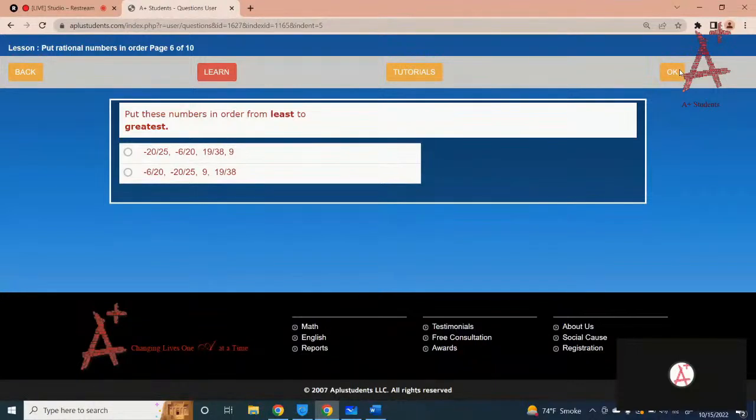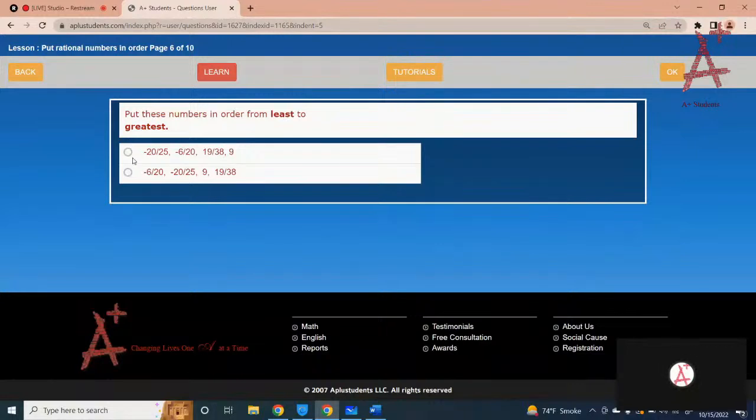Okay. The next one is put these numbers in order from least to greatest. So which one is the least one? Let me just check. The first one, I think 20 by 25 is negative 0.8. 6 over 20 is 0.3. Yes, that is the first option.